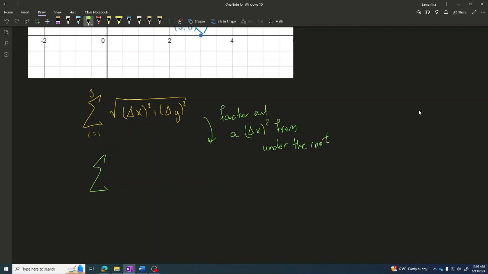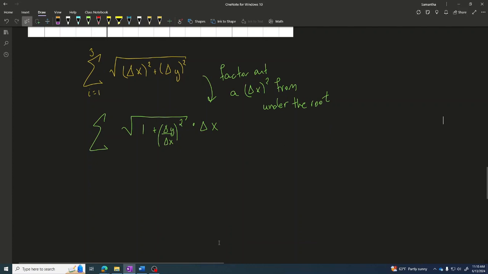Now, if I factor out a delta x squared from under the root, then the square root of delta x squared will just become delta x on the root's outside. If I factor out a delta x squared, then delta x squared removed from delta x squared will just become 1. And if I factor out a delta x squared from this second term under the root, then I will get delta y squared divided by delta x squared, or in other words, delta y over delta x, both of those guys squared.